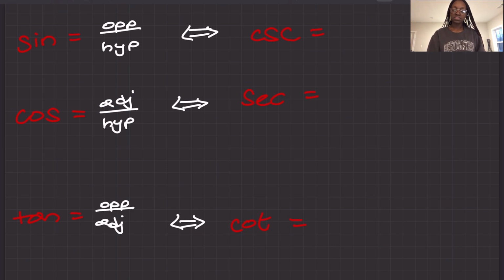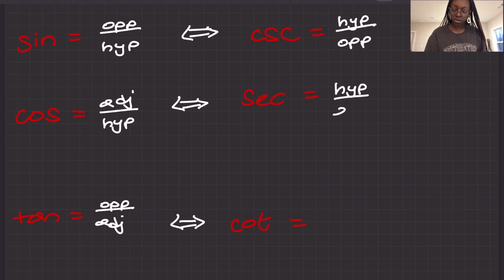And so, since we know the original three identities, we can use the reciprocal to find the other three identities. So starting with cosecant up at the top, it would be hypotenuse over opposite. Then secant would be hypotenuse over adjacent, and then cotangent would be adjacent over opposite.